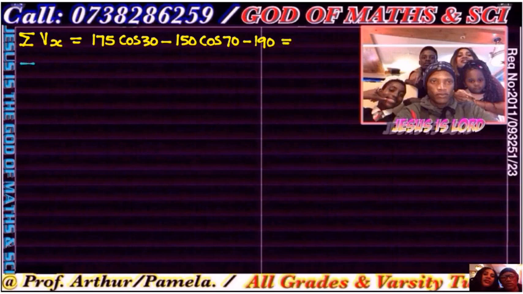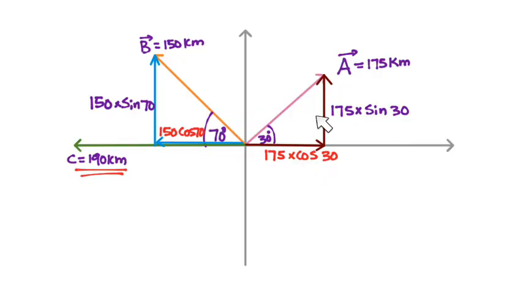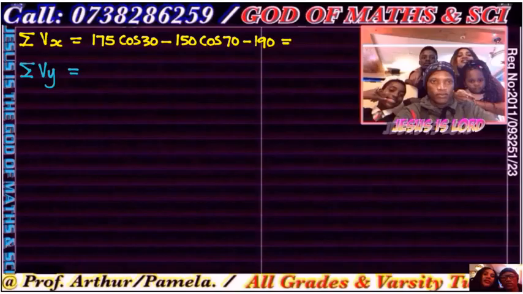Then we do the sum of the vectors pointing along the y, vertically. Let's check. I've got the brown pointing up and the blue. Only two are pointing up. Can you see that? So I'm going to have to add them.